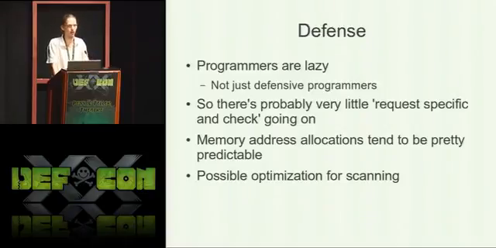Most of them are just going, hey, when I want to inject, I'm just going to request that you allocate a certain size, and you get contiguous pages in memory, and the base of those pages tends to be pretty sequential. So if you wanted to optimize your scanning for where reflectively injected DLLs might be, one way to do it, from a defensive perspective, would be to intentionally insert yourself into another process and see where the allocation happens, and then work backwards from there, so that you're not trying to scan all of memory all the time. Just a possible optimization.